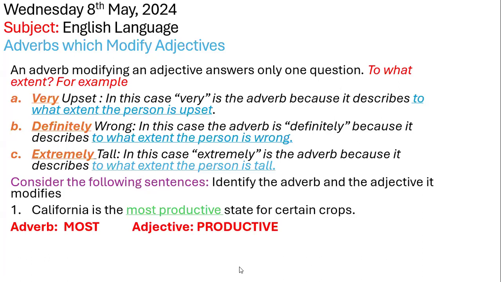I'm only hearing from like 4 persons. Do the rest of you understand? Yes, sir. So, Angel, read the sentence and tell me what is the adverb and the adjective that is modified. Go ahead, Angel.